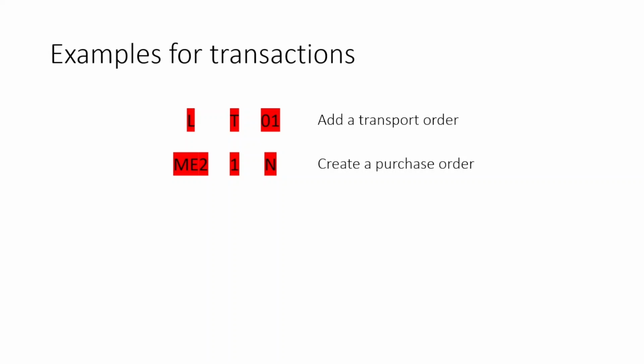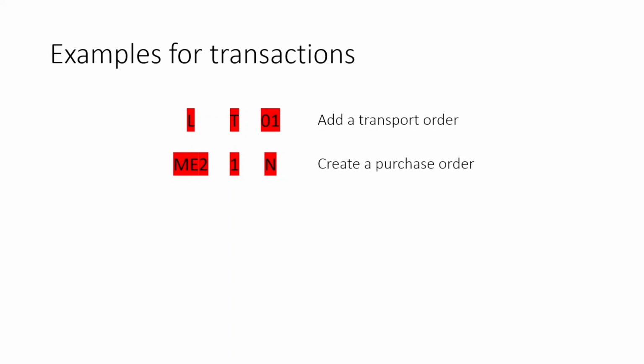The second example which we can see on the screen is ME01N. This is a little bit more interesting, because here we have an example which is a little bit more complicated. Why? Because ME stands for materials management, but actually M is coming from material accounting, from the past.